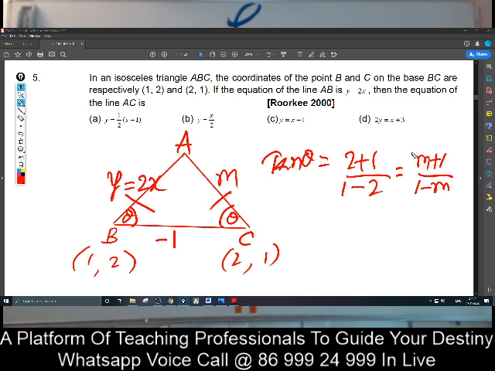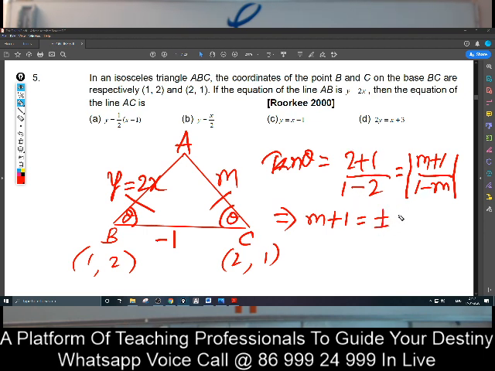Okay, now put a modulus here. Both are tan theta only. Why? Because it's an isosceles triangle. Now it is minus 3. So m plus 1 is equal to plus or minus, this is minus 3, no?